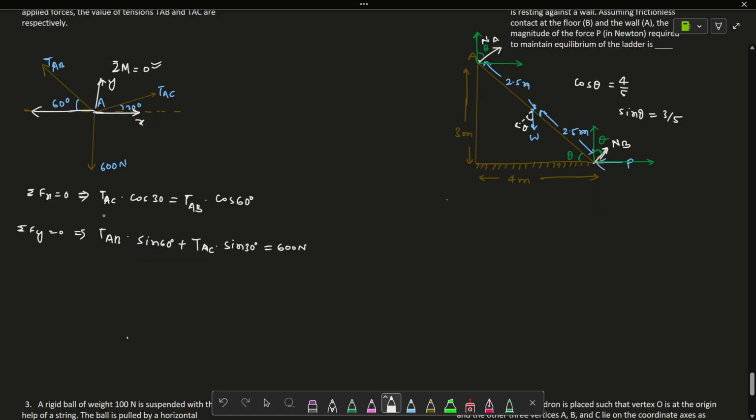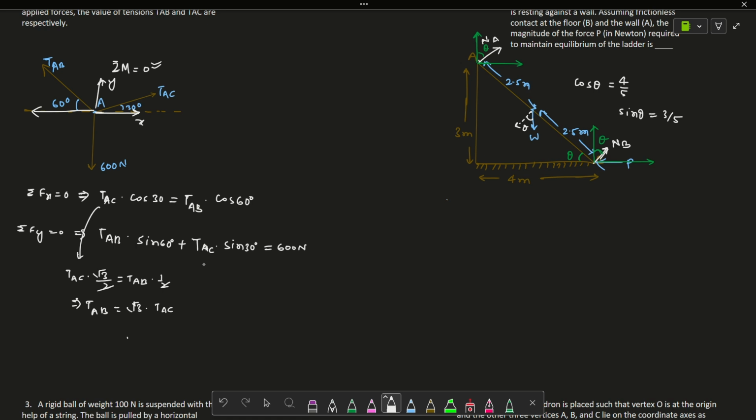So from here we can say that TAC cos 30's value is root 3 by 2, and here it is TAB, and cos 60 is 1 by 2, so it will get cancelled. So we can replace TAB with root 3 times TAC.